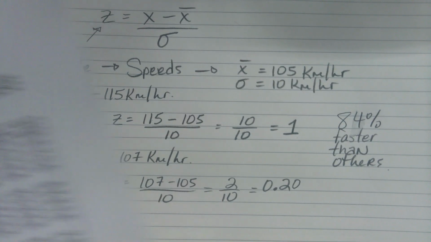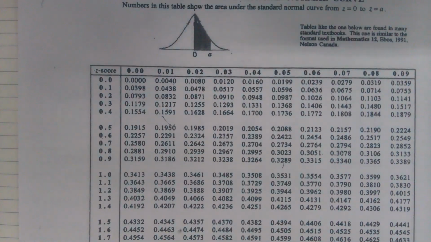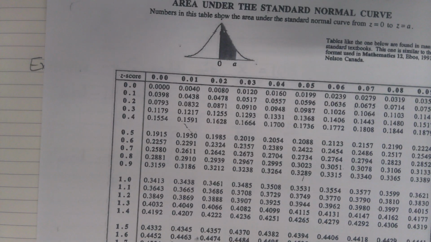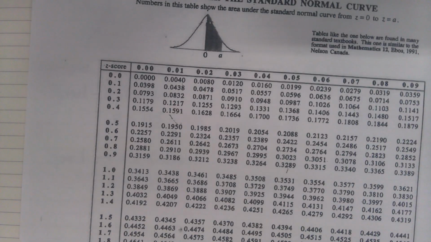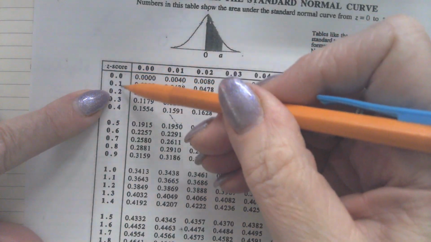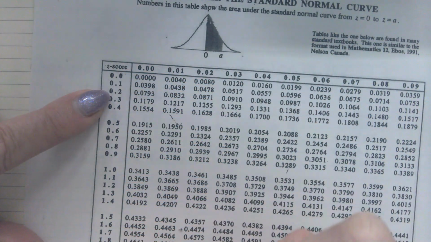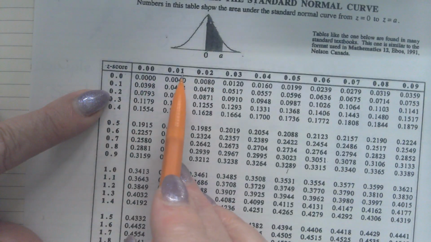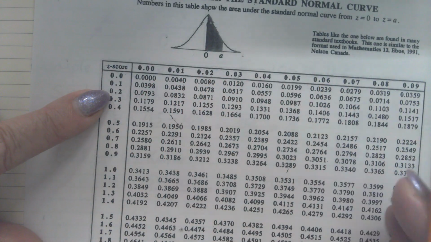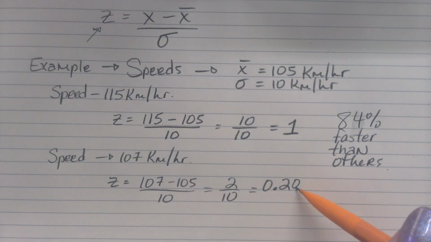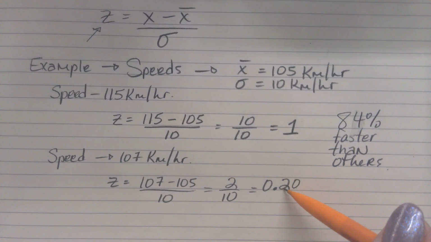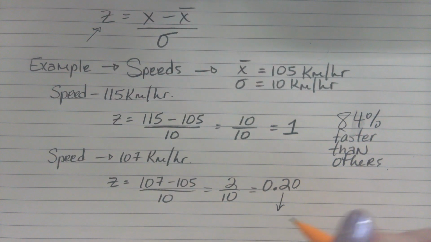Go to the chart. You will notice that the first decimal place is running along the left column, and the second decimal place, the hundredths place, is running across the top. That's why I put a 0 on this, to give me 2 decimal places.